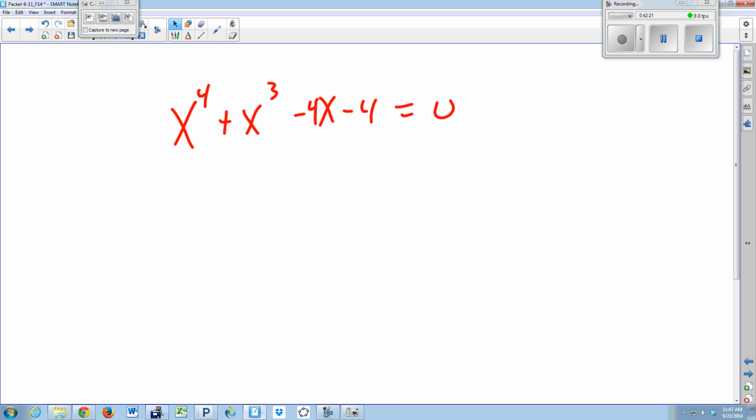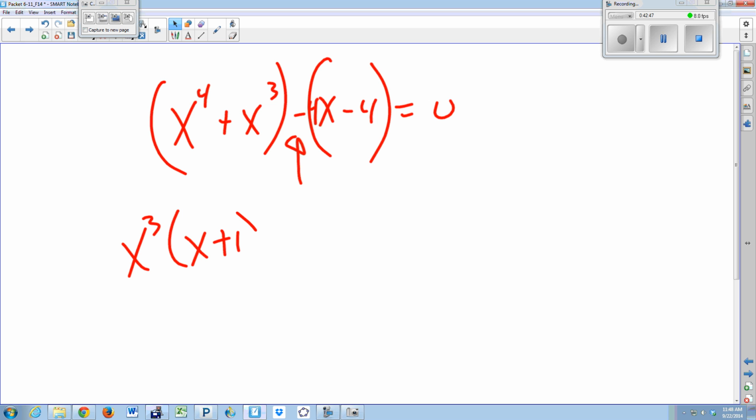So chunk it up, pair it up like this, and then look at each individual pair. Now you have a subtraction problem of 2 things. Take each parentheses individually and ask, what is the common factor here? It's x to the 3rd, so we get x to the 3rd times x plus 1.